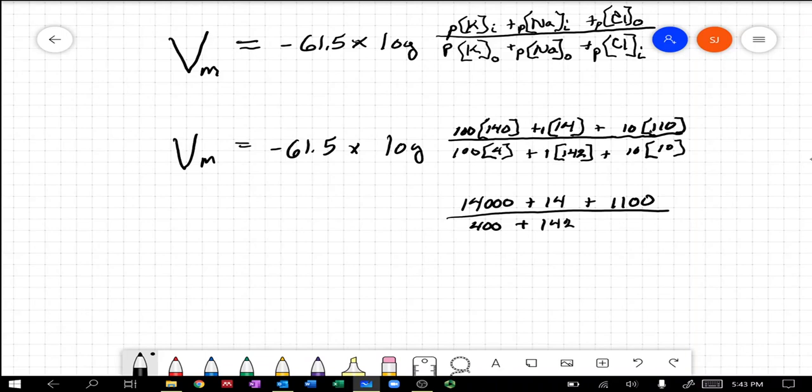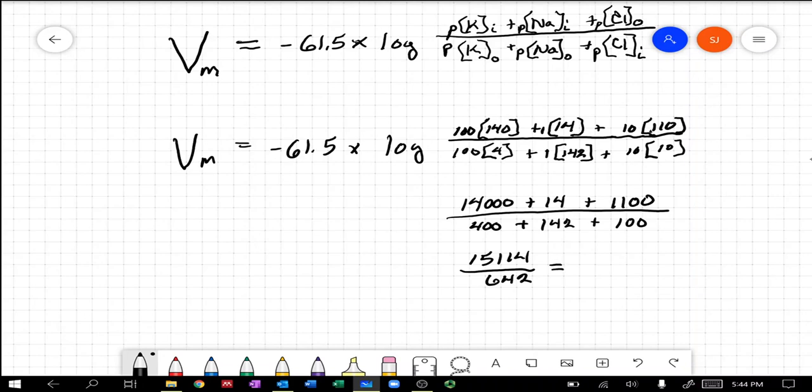Plus 142. 10 times 10 is 100. All right. So, what do we have here? It's about 15,114 divided by 642.